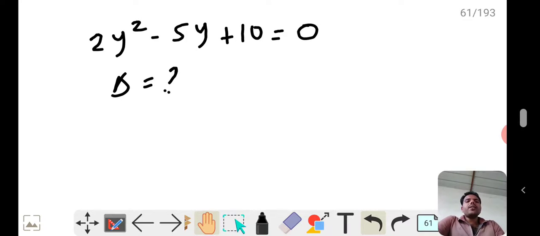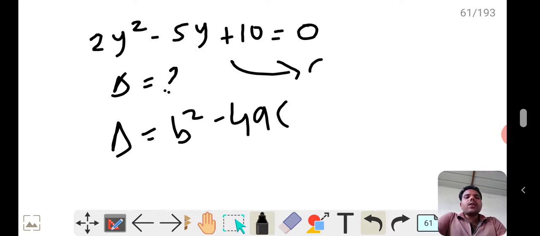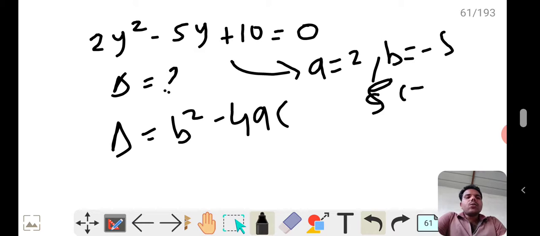We have to find the value of delta, so we can write delta is equal to b square minus 4ac. Here a is equal to 2, b is equal to minus 5 and c is equal to 10.